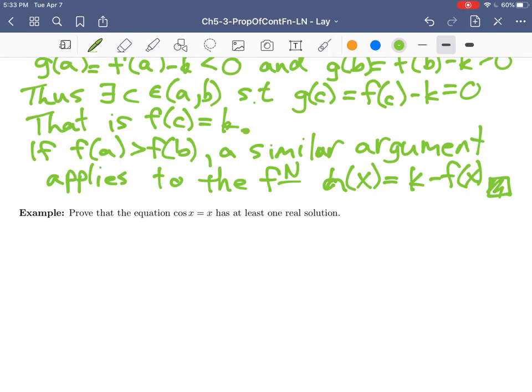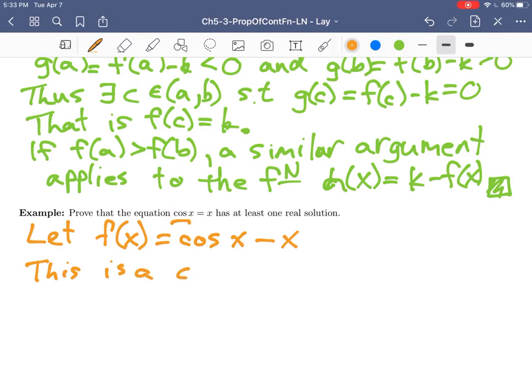So let f of x be not just cosine x, but we'll move everything to one side: f of x equals cosine x minus x. We observe that this is a continuous function.